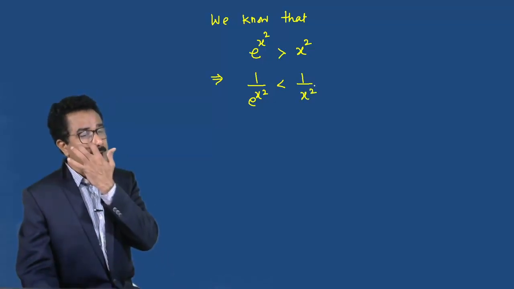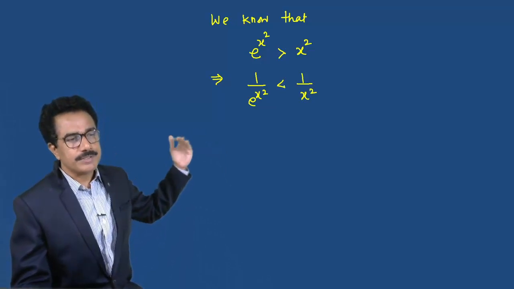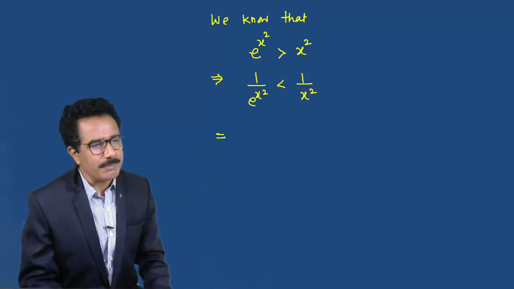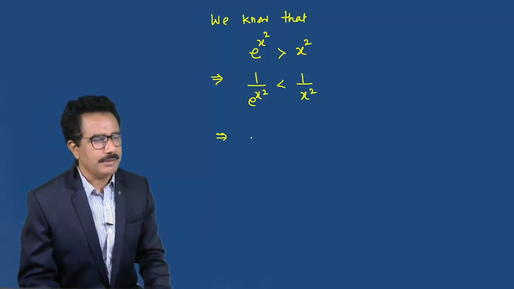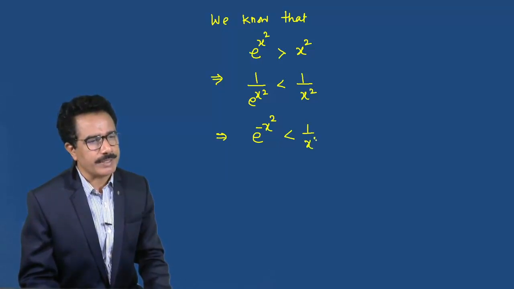If we take the reciprocal, then the inequality changes, greater than changes into less than. So we can write, this implies that e raised to minus x square is less than 1 upon x square.